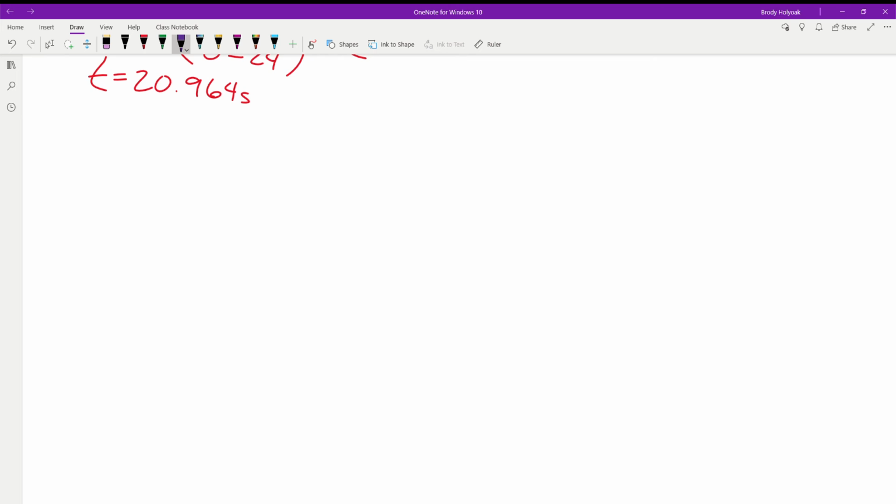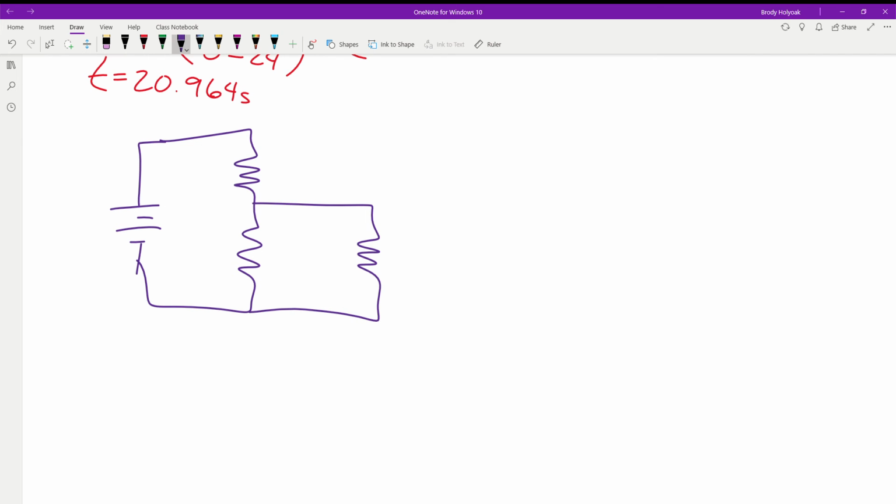All right, so series parallel unknown R3. Okay, there's going to be our circuit. This is R1, this is R2, this is R3.